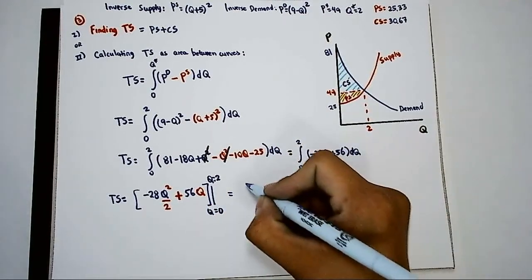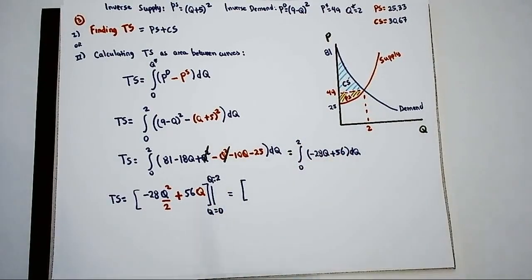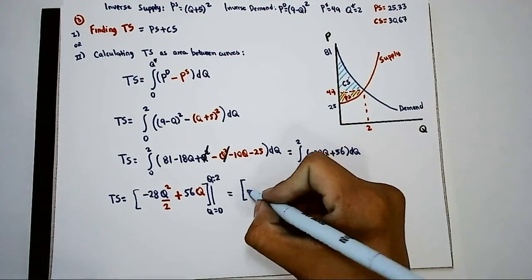Before we proceed with that, let's simplify a little bit. 28 divided by 2 is 14.